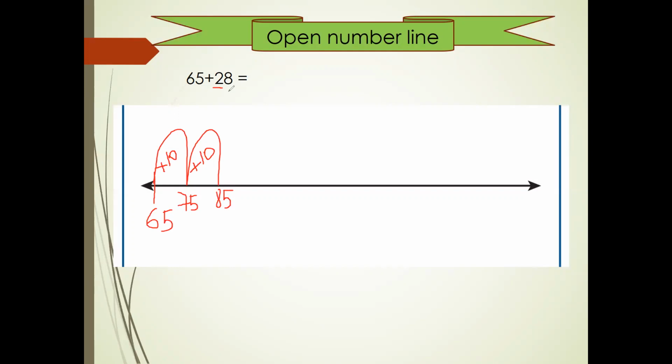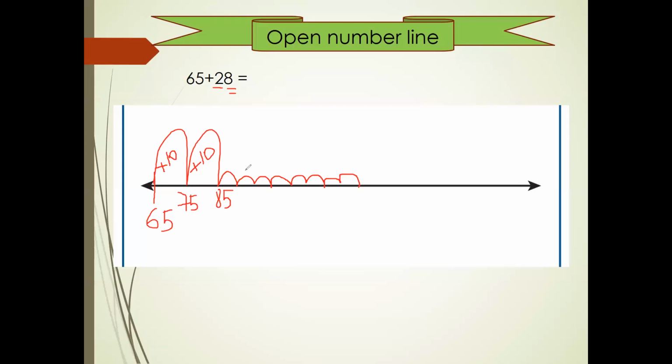Okay, and then how many ones do we need to add? 8. Attention here. Some students can do it like this: jump 10 and go back 2. But not to be confused, better draw for me 8 ones: 1, 2, 3, 4, 5, 6, 7, 8.